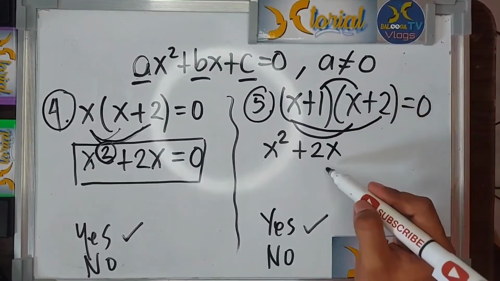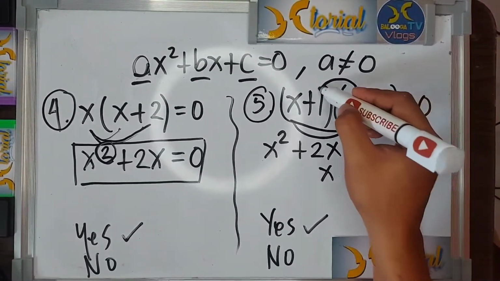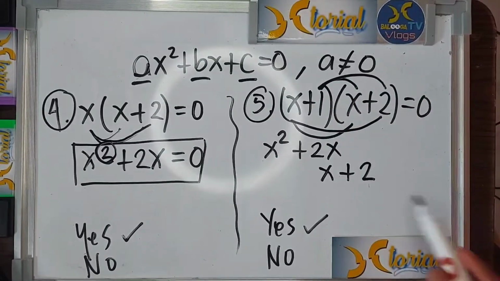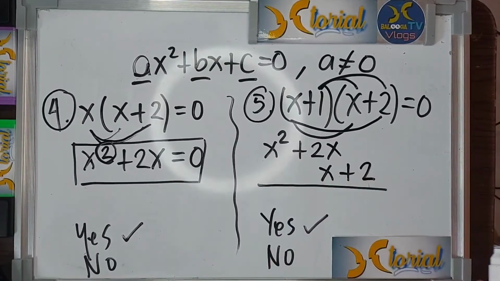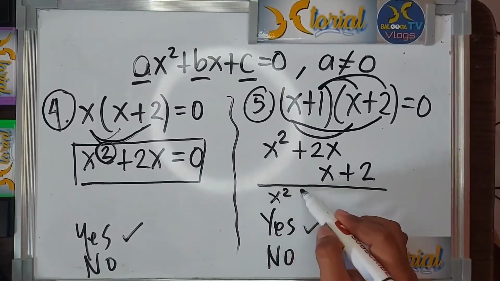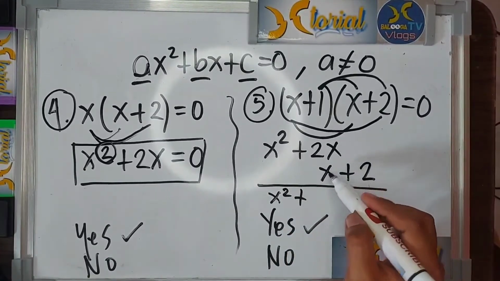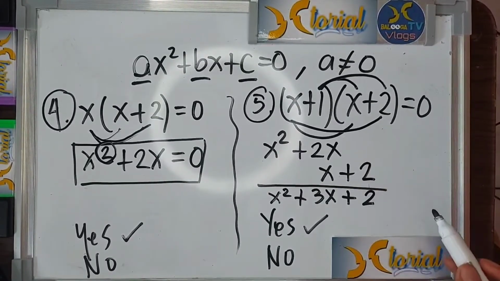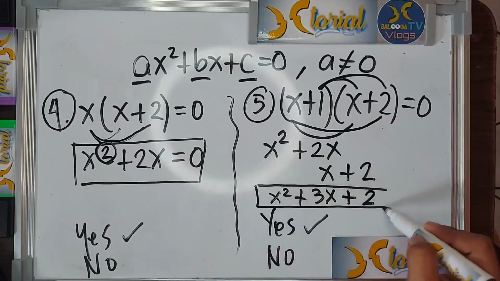Next, sunod natin yung 1. 1 times x, we have x. Then 1 times 2 is 2. So kapag inadd natin yan, we have x squared plus 2x plus x, we have 3x plus 2.